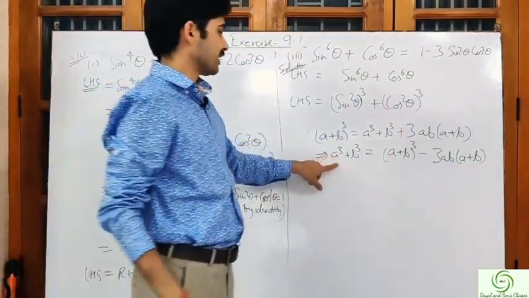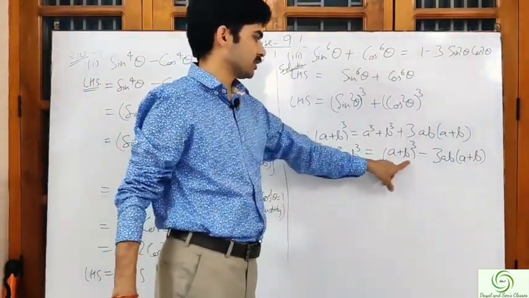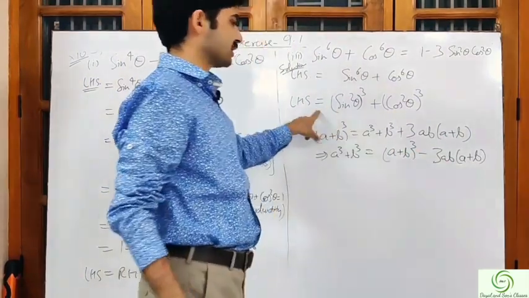Now applying this identity, a cube plus b cube is equal to a plus b whole cube minus 3ab into a plus b to this left hand side.